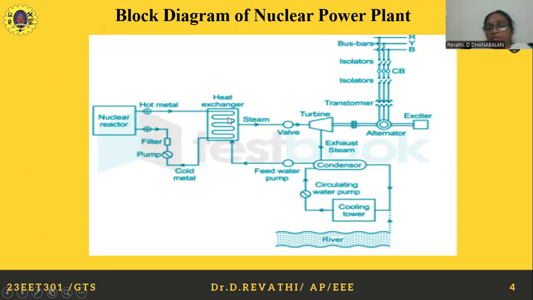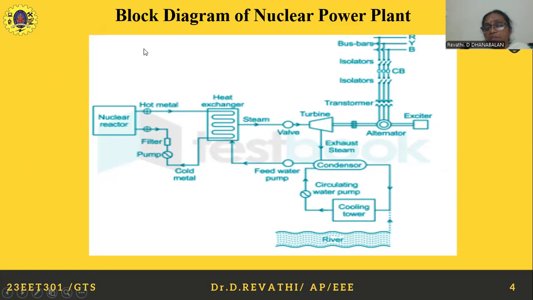Cooling water is fed through the feed water pump, and the water is heated. The function of the heat exchanger is to convert water at high boiling temperature into high pressure steam.